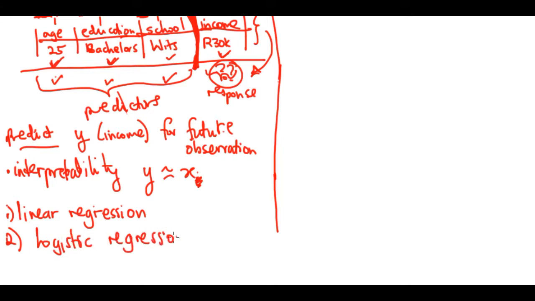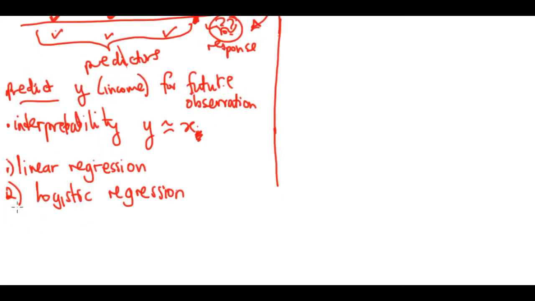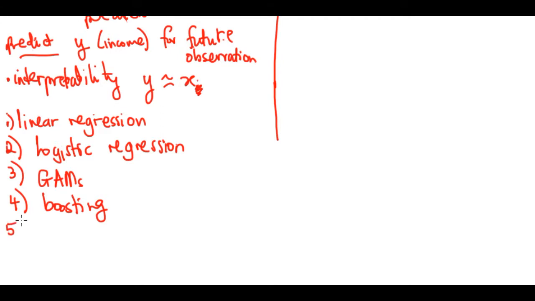We're going to see a chapter dedicated to logistic regression. GAMs are supervised learning algorithms. Boosting is supervised learning, and then SVM, support vector machines, also fall under supervised learning algorithms.